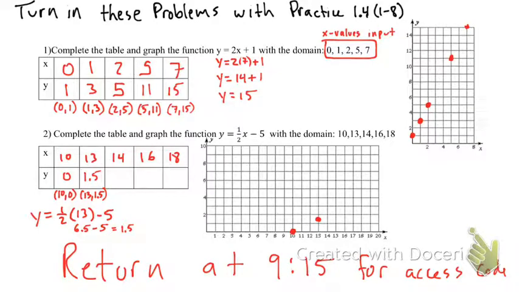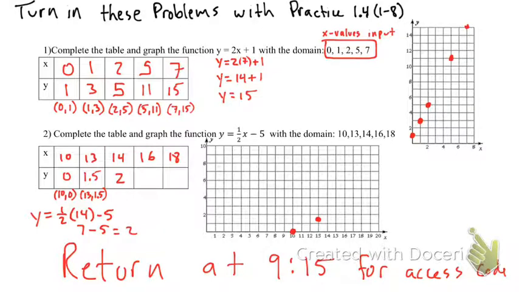Now we go to 14, plug that in. That's going to give me 7 minus 5, because half of 14 is 7, and that gives me 2.